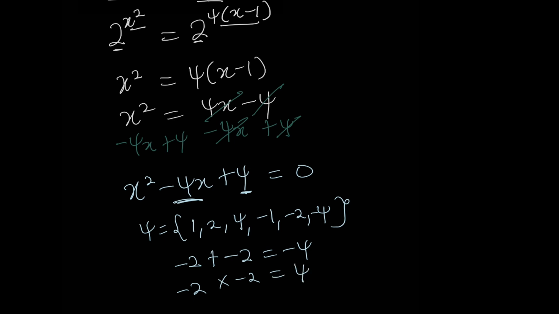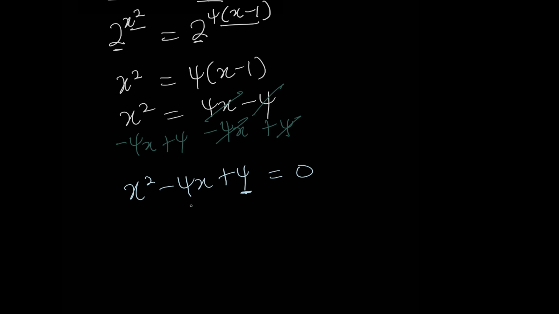Okay, so let me take away all these so that they don't distract us. So meaning we can expand this -4x as -2x and then -2x. Because -2x minus 2x is going to give us -4x. So you're going to have x squared minus 2x plus this 4 over here, 4 equals 0.